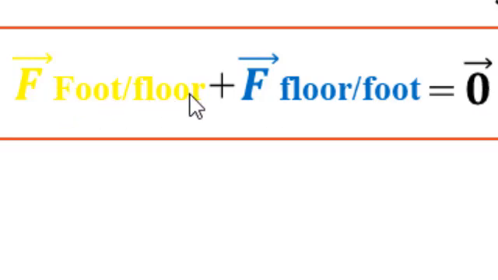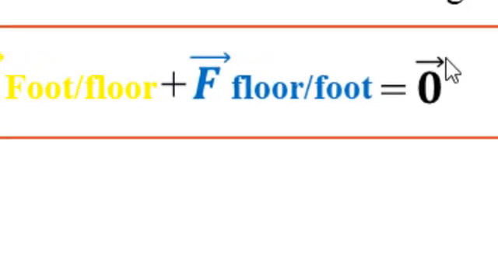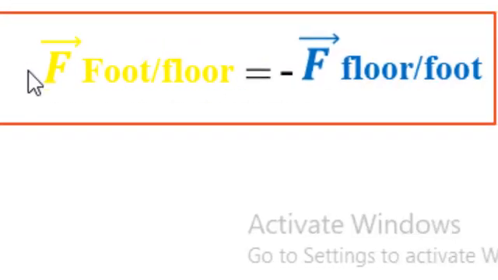This relation is called the vector relation between these two forces of interaction. Don't forget to put the vector in this relation. We can also express it in this way. These are two forces of interaction. They have equal magnitudes, but opposite direction. Don't forget this minus, just to show the opposite direction.